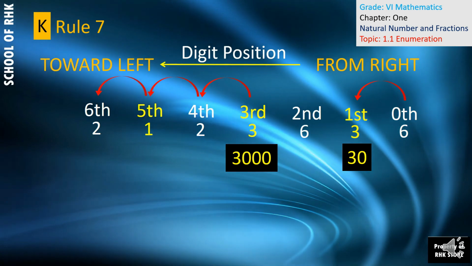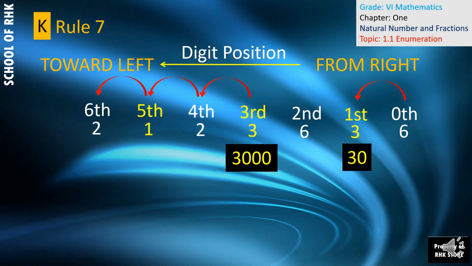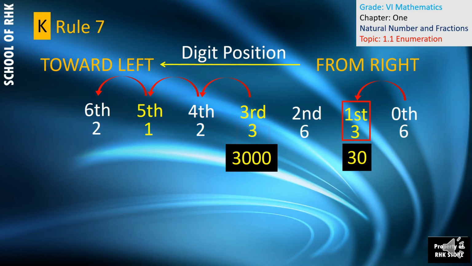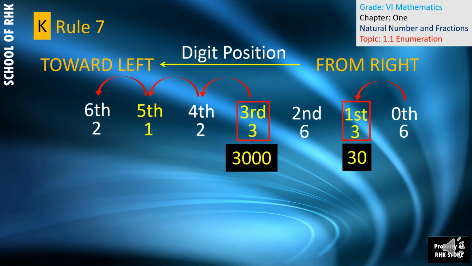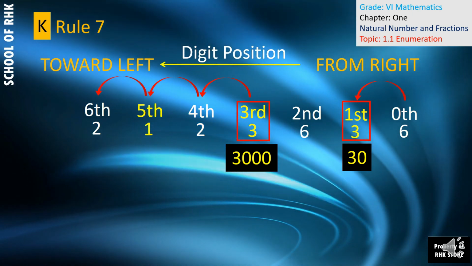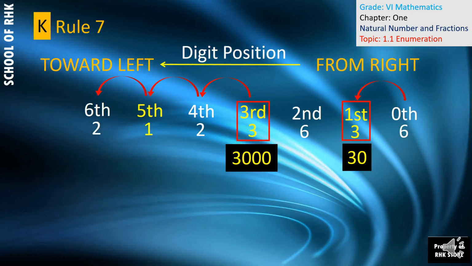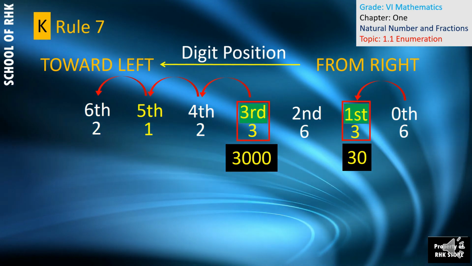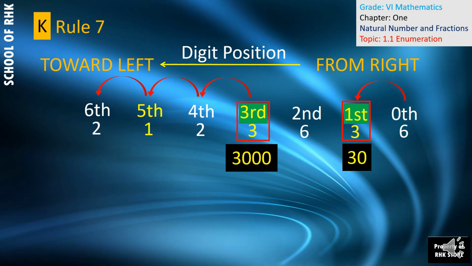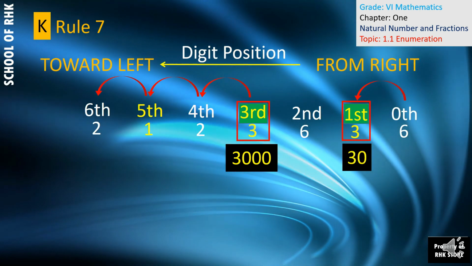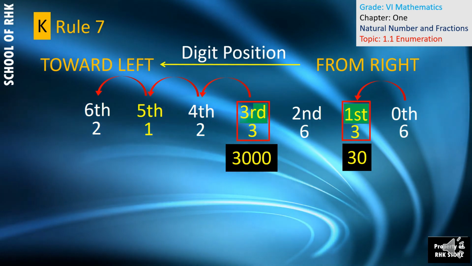A closer look here shows that the digit 3 in the first and third places has the intrinsic value of 3 in both positions. But because the position from right to left is first and third, the place value of the digit 3 is 30 in the first position and 3000 in the third position.